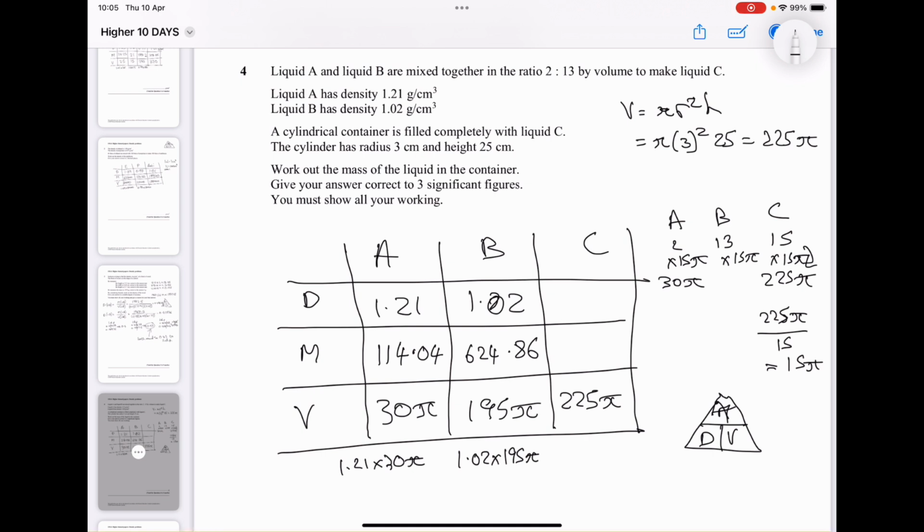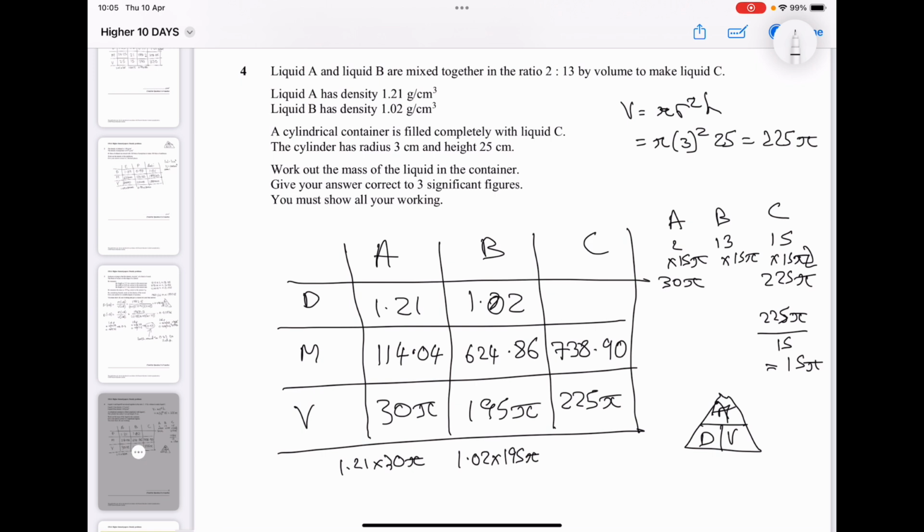Add on 114.04 to get the mass of the C, which is 738.90.